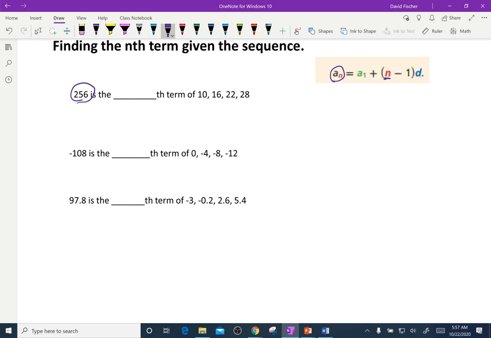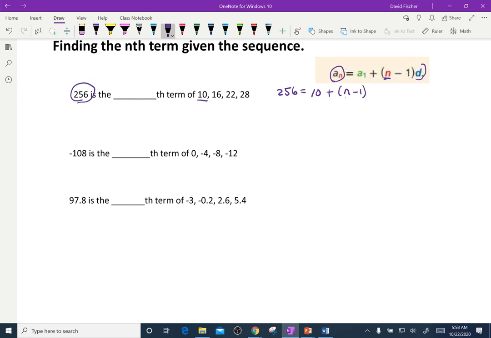So we plug the 256 in. We need our a sub 1, which was 10, and then plus n minus 1, because we don't know what term it is. We just know that when we're done with the math, it was 256.